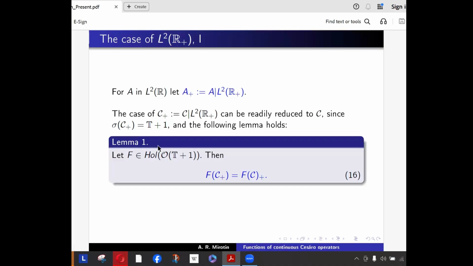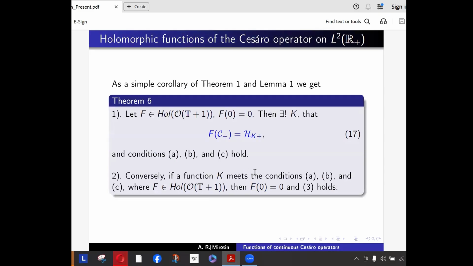Lemma 1 gives us an opportunity to reduce the study of holomorphic functions of C plus to the study of holomorphic functions of C. So lemma 1 shows that these two operations, the restriction to L2 on R plus and the taking of holomorphic function commute. And so theorem 1 and lemma 1 imply the following full description of holomorphic functions of C plus.